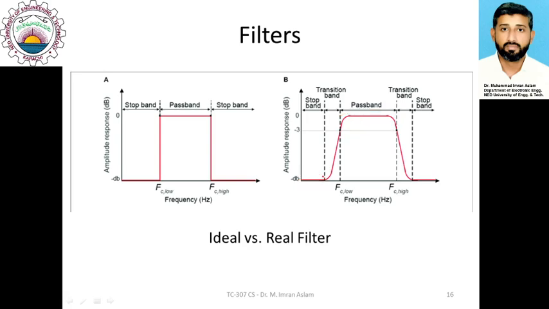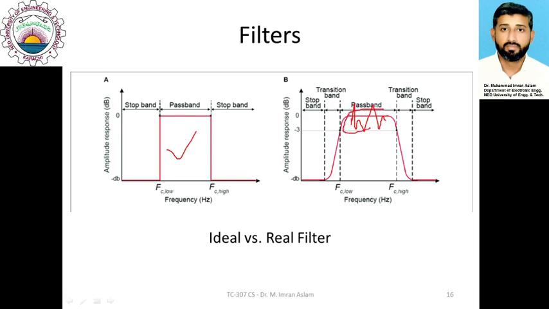The problem is that whenever we try to design a filter, we have to compromise on something. We cannot get this ideal response, but we can optimize some parameters. For example, if we try to decrease the transition bandwidth, because we want a narrow transition bandwidth, it will cause more ripples in the passband.